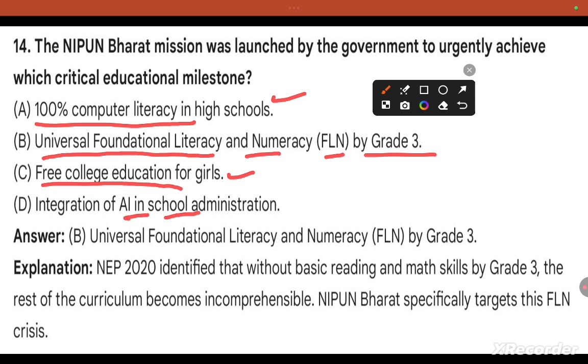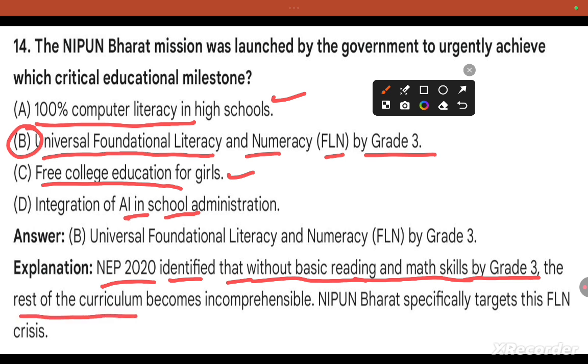The answer is B. NEP 2020 identified that without basic reading and math skills by grade 3, the rest of the curriculum becomes incomprehensible. Nipun Bharat specifically targets this FLN crisis.